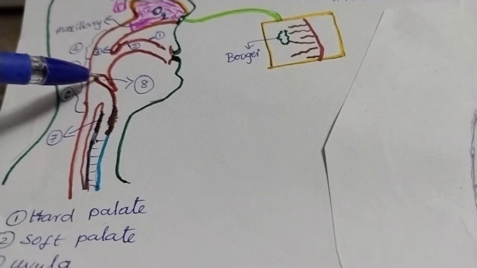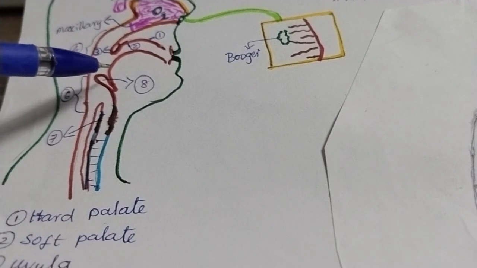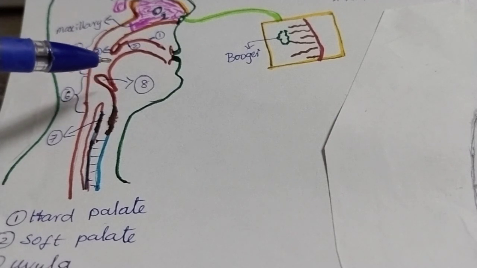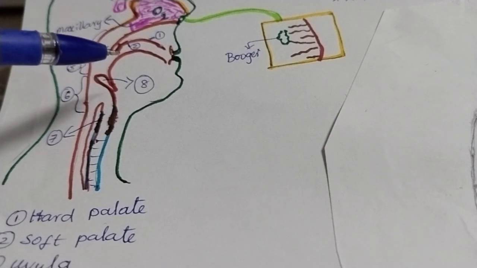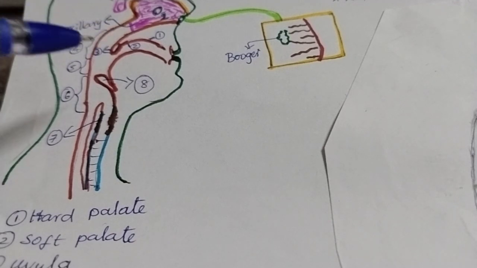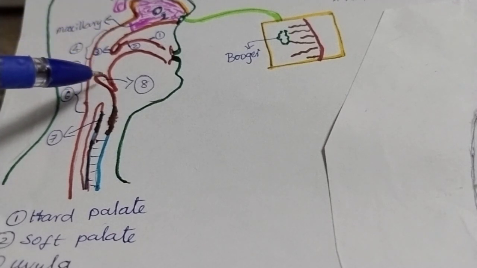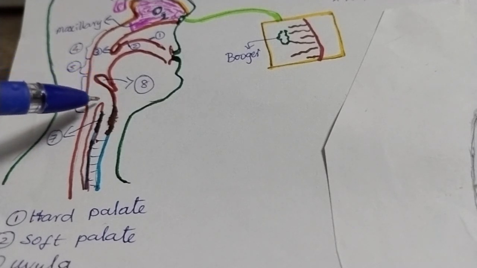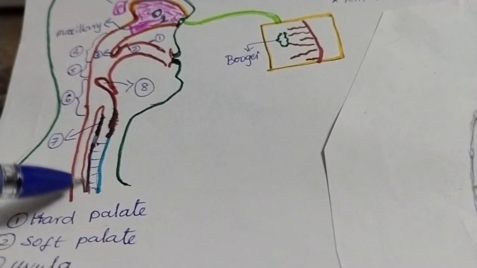Here is the epiglottis, which closes the larynx. When you eat food, it helps to prevent food from going into the lungs. This epiglottis is spoon shaped, small. It will come down and close here, so food will enter into the esophagus.